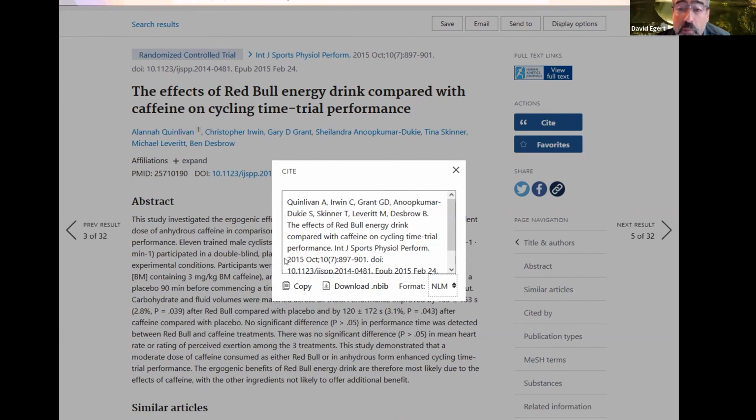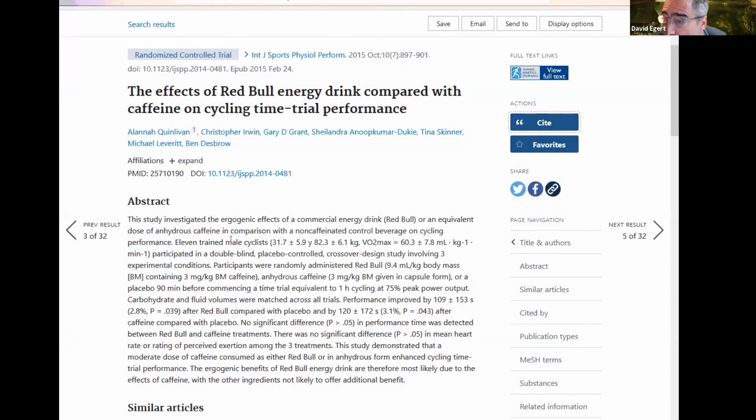But make sure you support your words with where you are getting your information from. You don't want to use direct quotes. You do not want to say Quinn-Livin said, quote, this study demonstrated that a moderate dose consumed, blah, blah, blah.